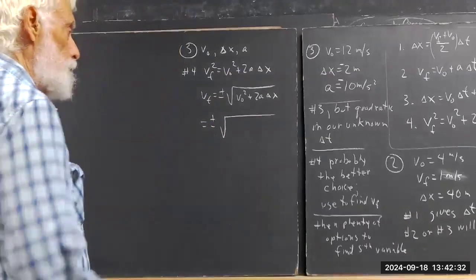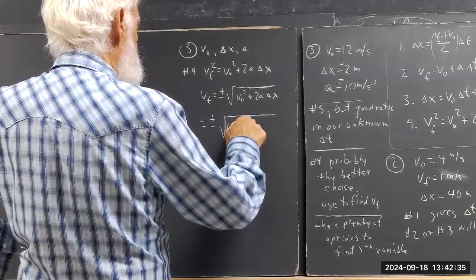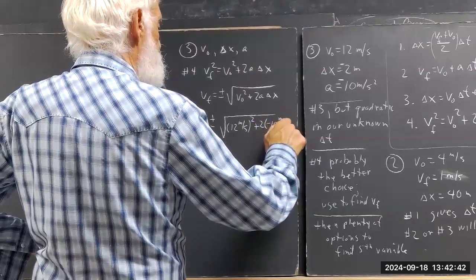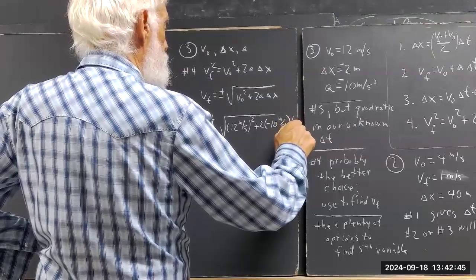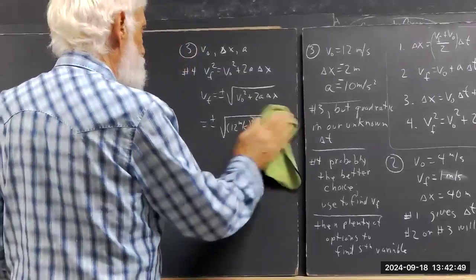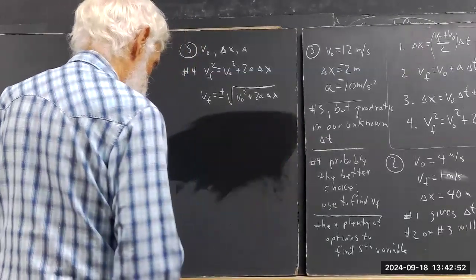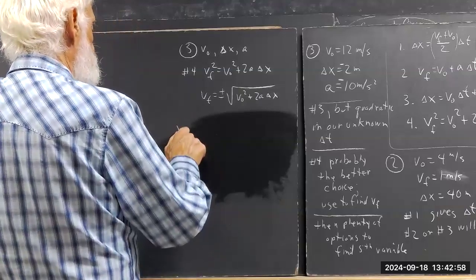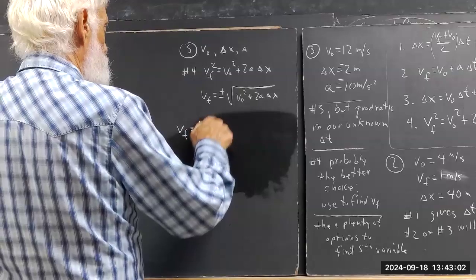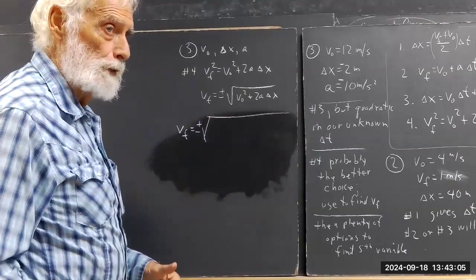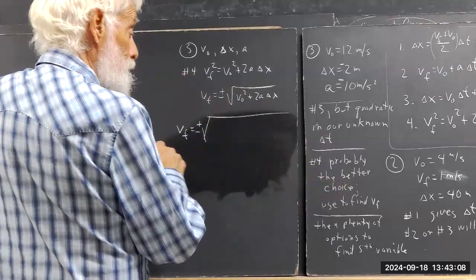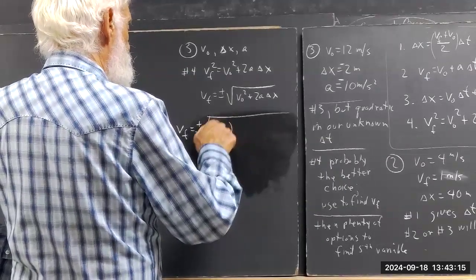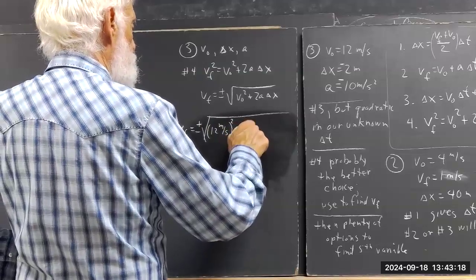Now, V naught squared is 12 meters per second. So let's see. Square root of 12 meters per second squared.